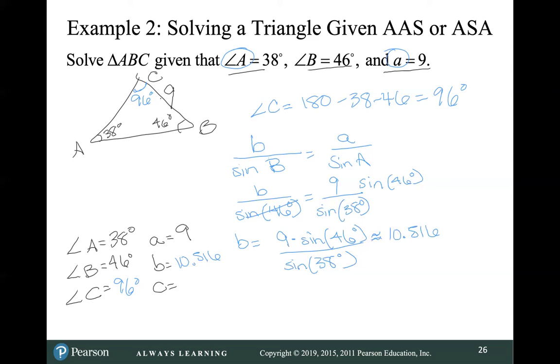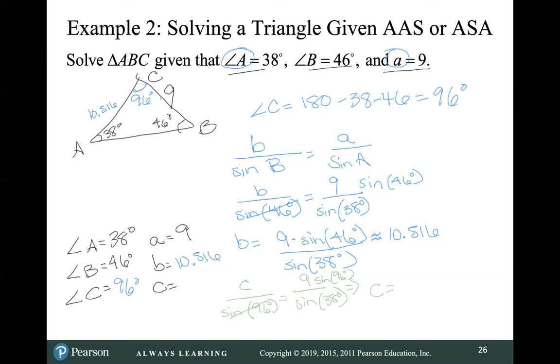And then lastly, we need to find our last side, which is C. Again, I'm going to use the given ratio. I'm going to use A and C because now I'm looking for C. So I'm going to say C divided by sine of angle C, which is 96 degrees, equals A divided by sine of A. Multiply both sides by sine of 96 degrees.